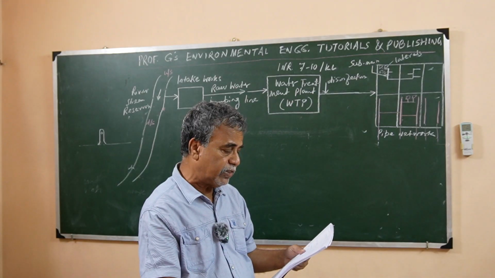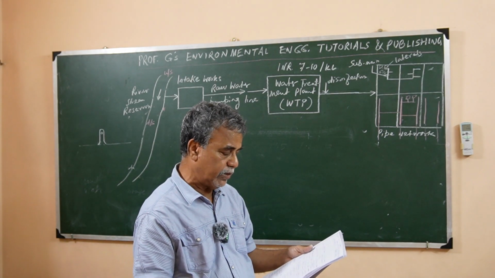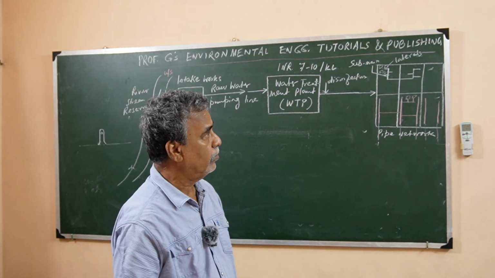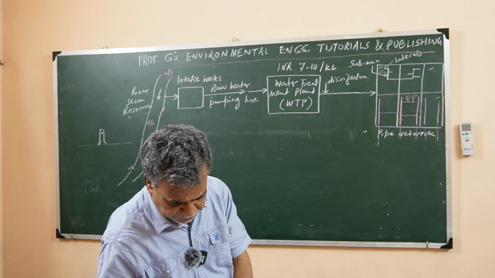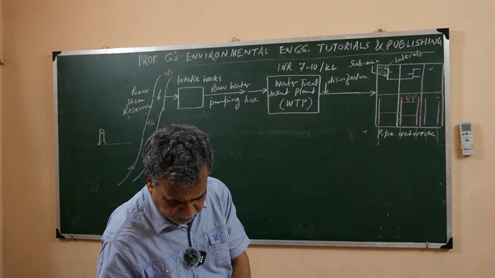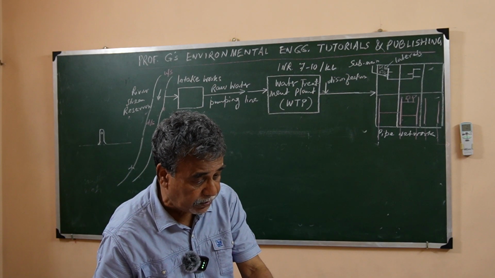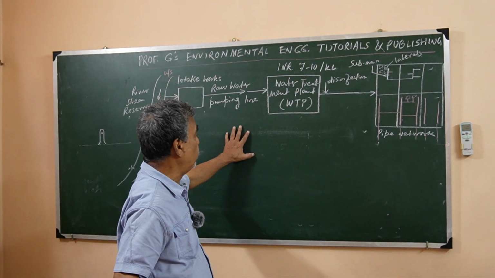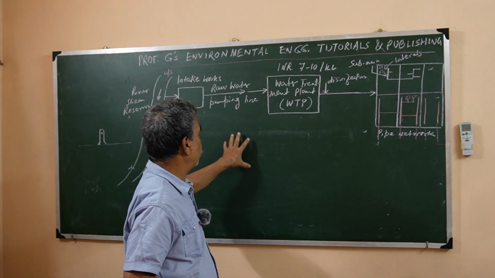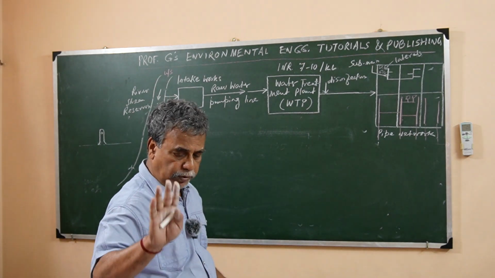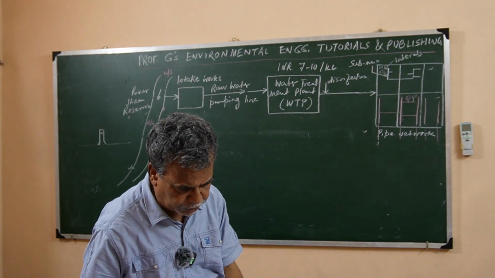And also industrial water demand from the CPHO manual that is given, or otherwise you can also consult the various IS codes, or particularly CPCB, the Central Pollution Control Board, under the Ministry of Environment, Forest and Climate Change. So there you will get that. We will come later to all this detailing.